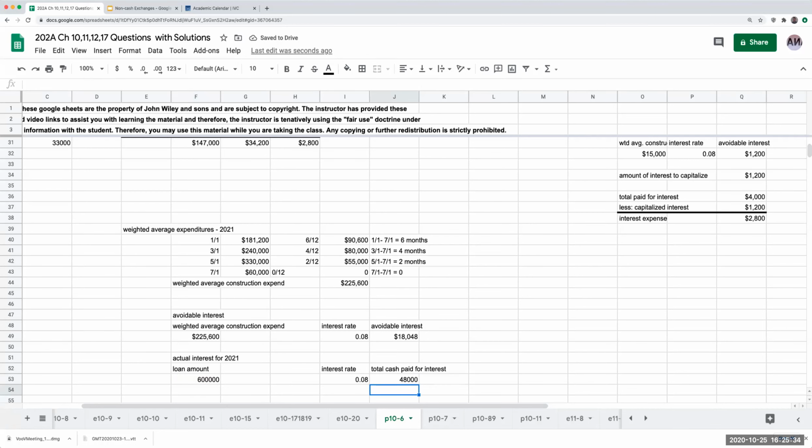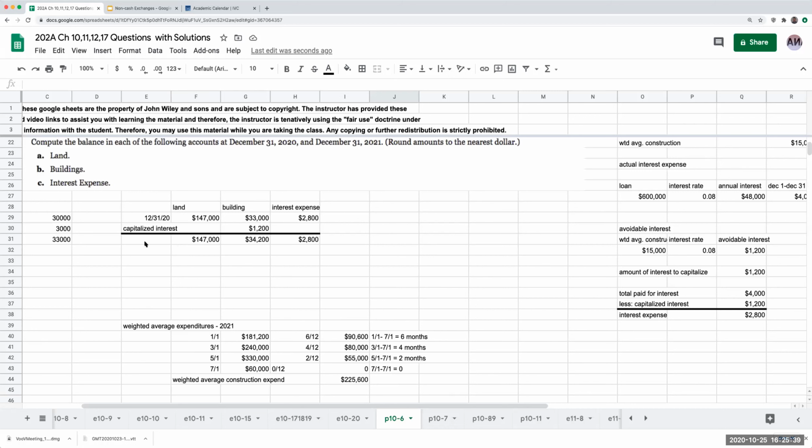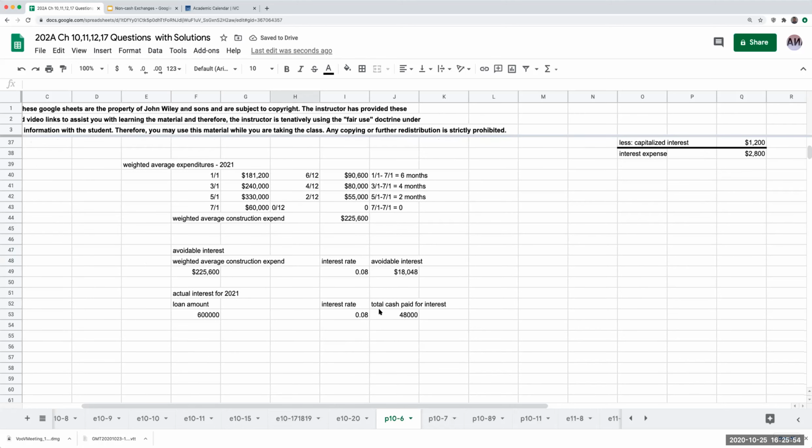So what's going to be happening here for 2021? If we go over here to 12/31/21, my interest expense is going to be the difference between the cash paid for interest of 48,000 less the interest capitalized, which is going to be the avoidable interest.